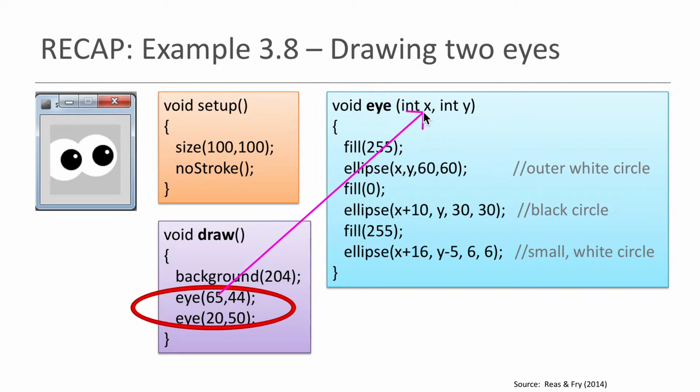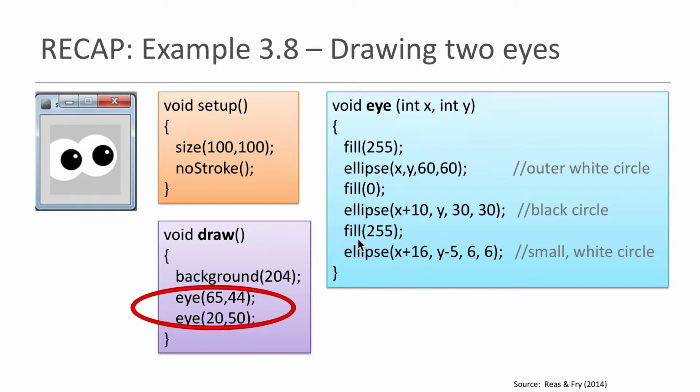The 65 is passed in and initializes the x value, and the 44 initializes the y. Everywhere we have x and y inside of the eye method gets replaced with the 65 and the 44. Then when we call the second eye, we're passing 20 into x and 50 into y. And again, wherever we have x and y, they get replaced with those 20 and 50.